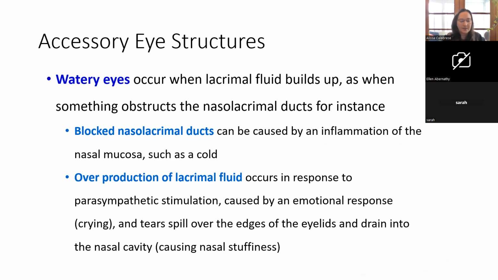If your eyes are watery, it's either overproduction of lacrimal fluid or there's a blocked nasolacrimal duct, and the fluid is not able to drain out to the nose where it should, right? And that happens frequently, like with allergies or with just any kind of cold inflammation can block those ducts.